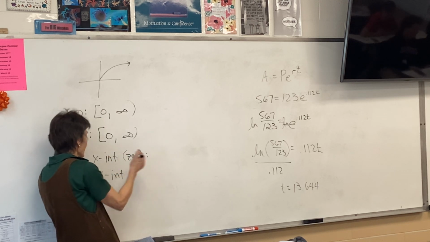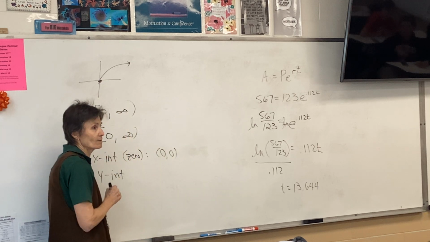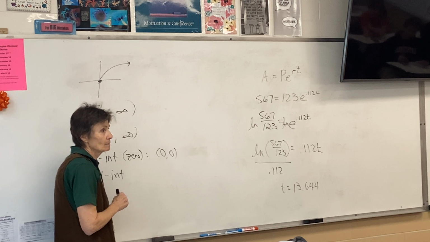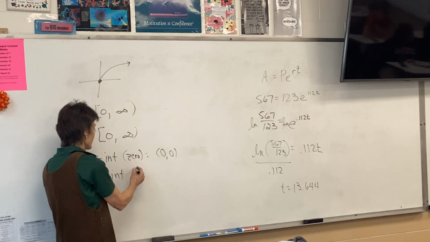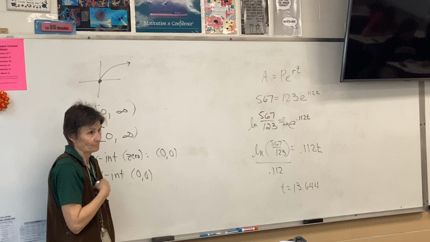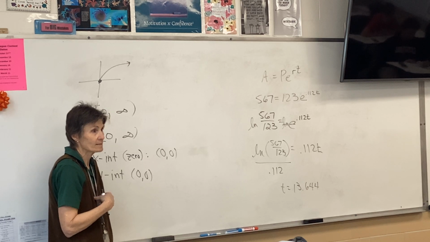At 0. The point 0, 0 is your only x-intercept. Is there a y-intercept? Yes, it's 0 also. It crosses the y-axis too. That point serves double duty. We're crossing the x-axis and the y-axis.